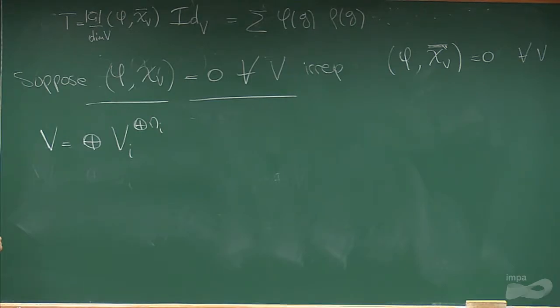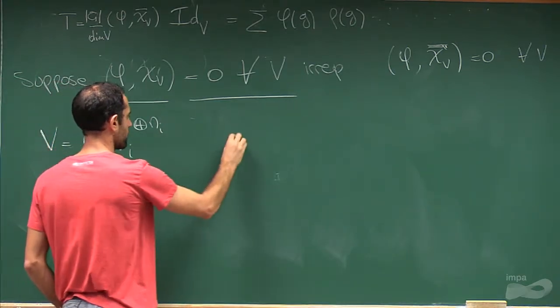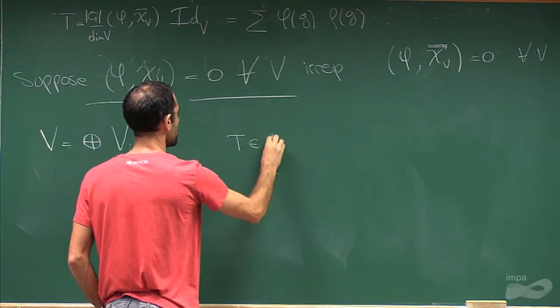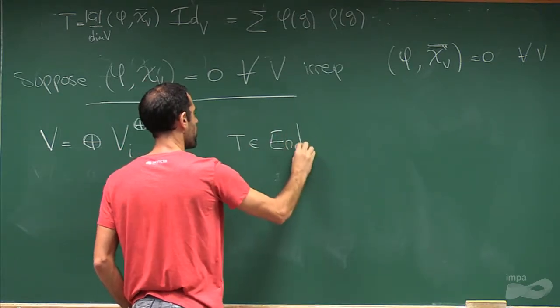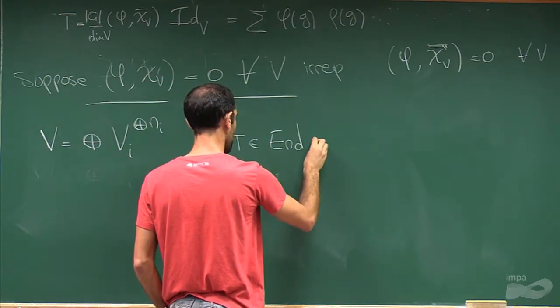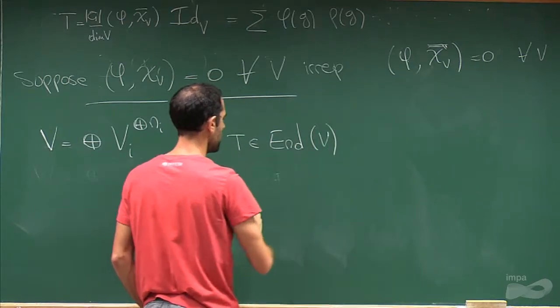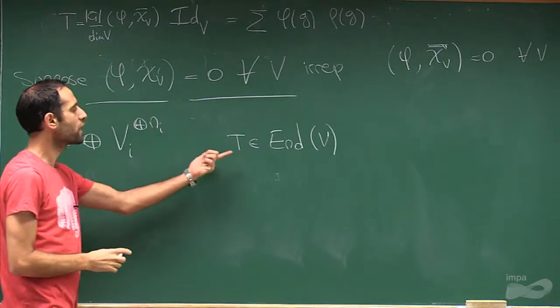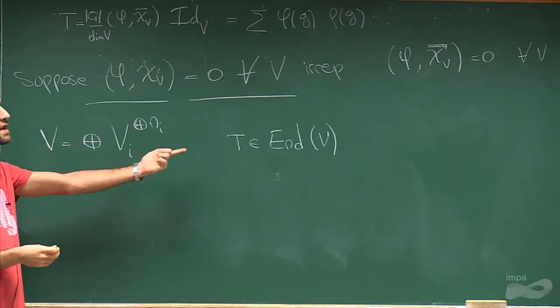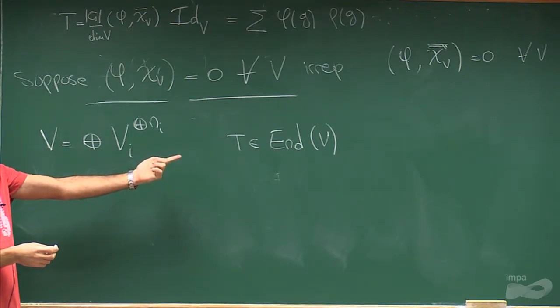Then suppose you have some T that is an endomorphism of V. First of all, let's understand what this vector space of linear endomorphisms of V is.